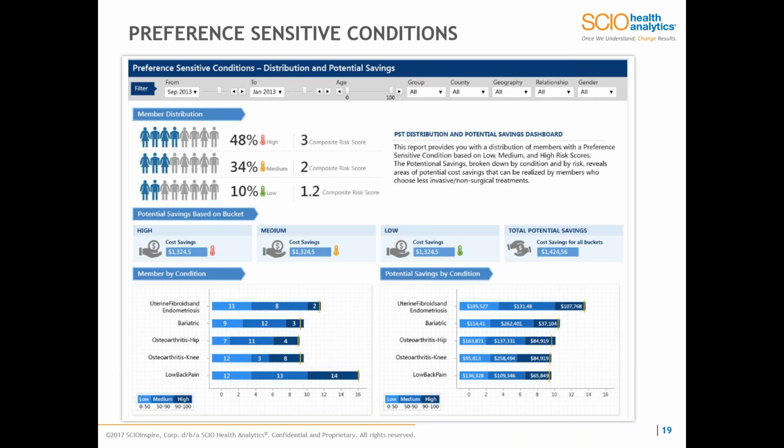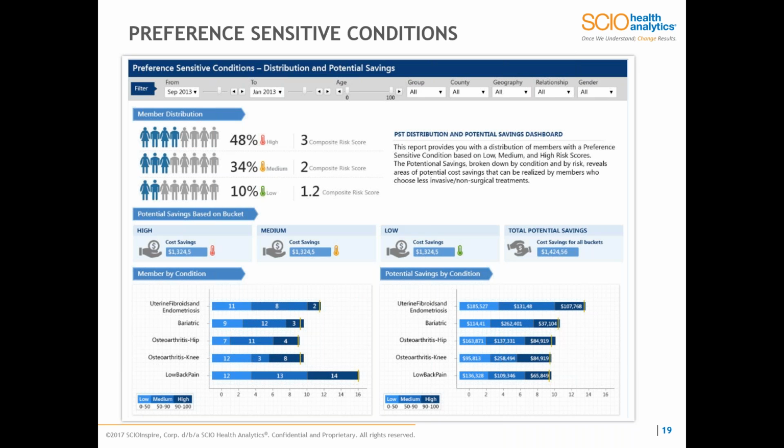Sometimes people are biased towards surgery, for example a knee or hip replacement, assuming it provides the highest quality of care. What is actually found is that these surgeries are extremely expensive, and in a lot of cases, less invasive treatment options provide equal or even better outcomes with fewer complications than surgery.